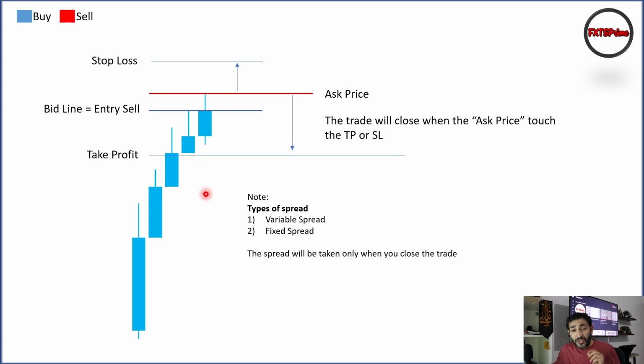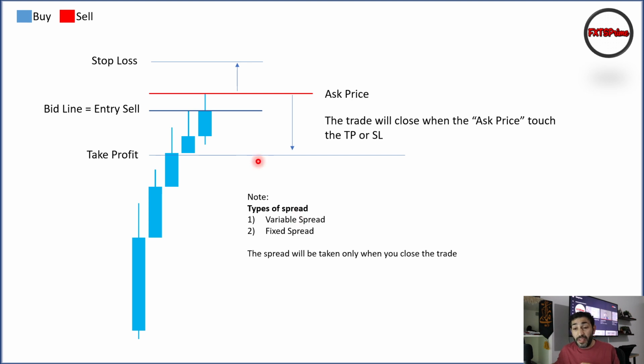Now, just to give you a small note, the difference between the ask and the bid prices can be a variable spread or a fixed spread, based on your account. If you have a variable spread, it will change.